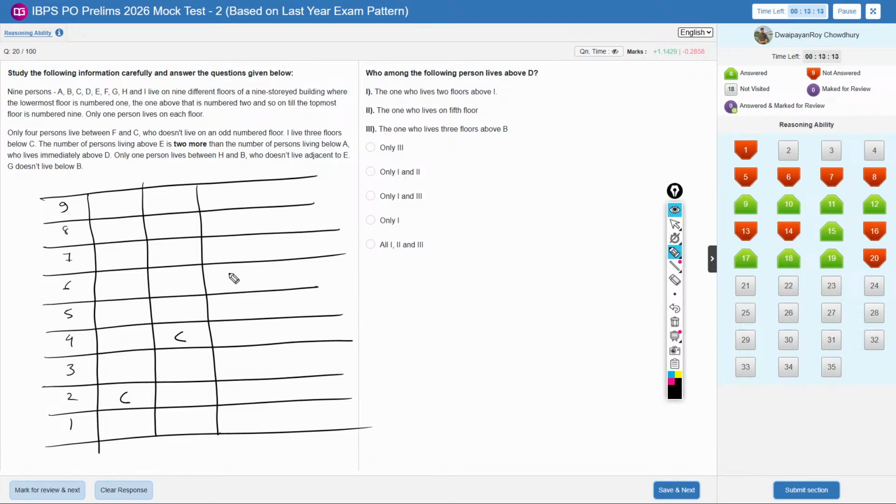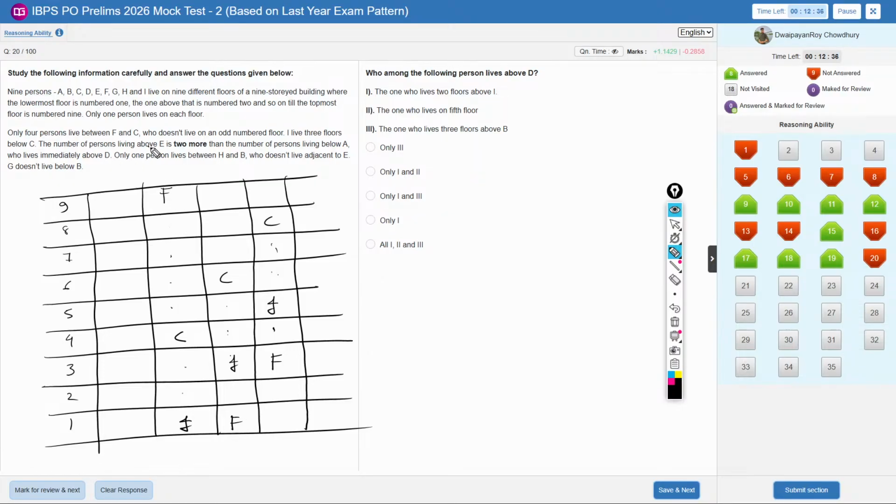Okay, 4 options. I lives below C. All right, I have not many options. I lives 3 floors below C. 1, 2, I. 4% F and C. 1, 2, 3, 4 F.